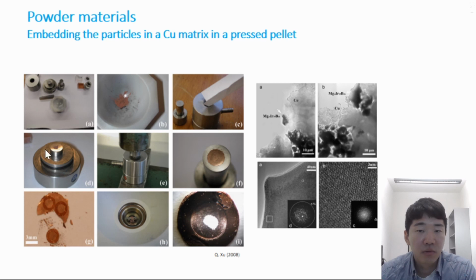The mixture is on the aluminum stub before pressing, and then pressed into a pellet under a certain pressure.